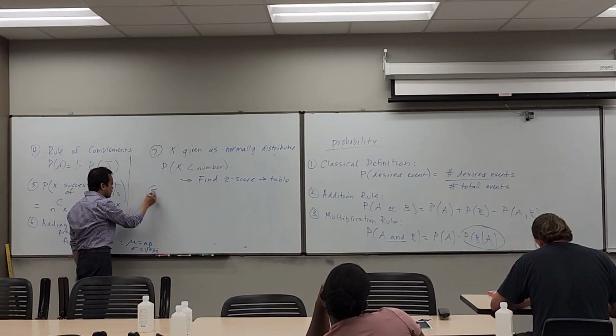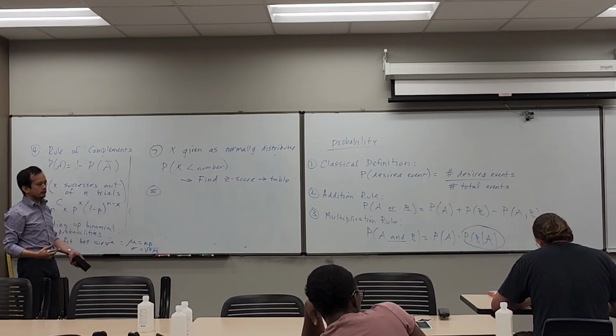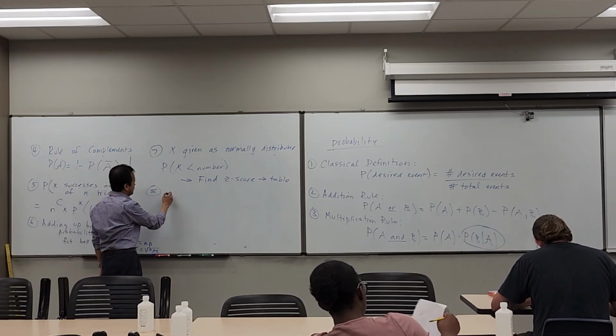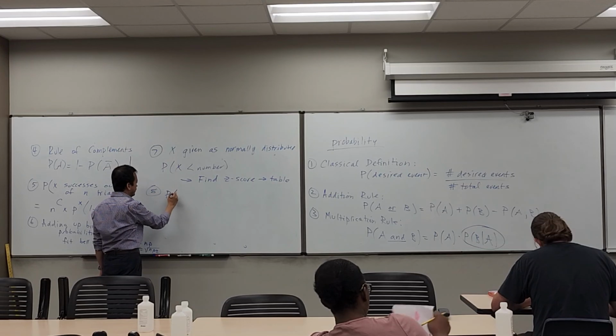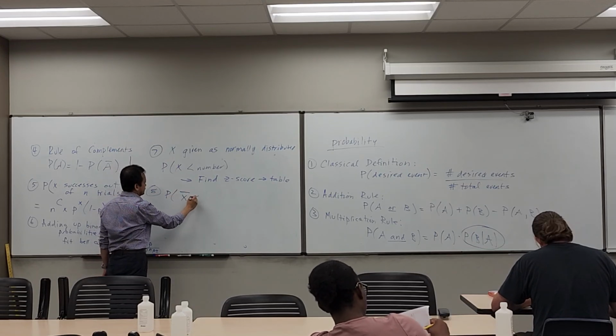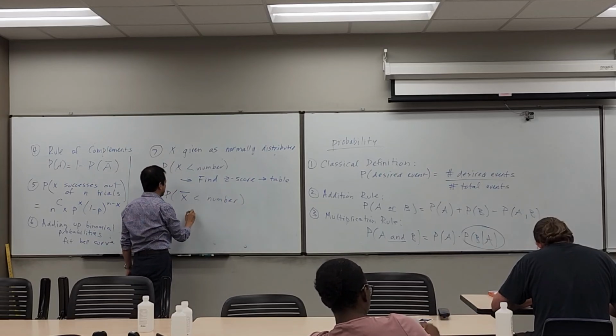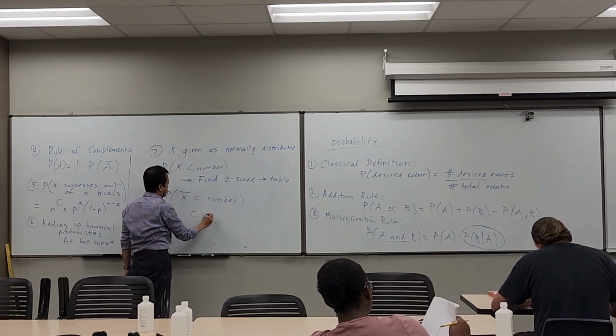And then the last case we talked about finding probabilities was when the central limit theorem was involved. And we had to find the probability that a sample mean was relative to a number. And this was the central limit theorem.